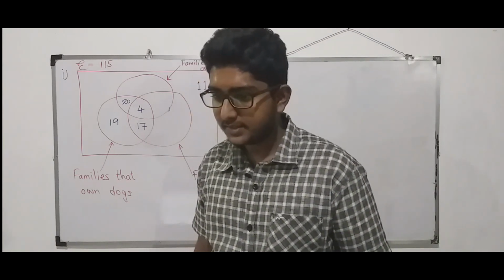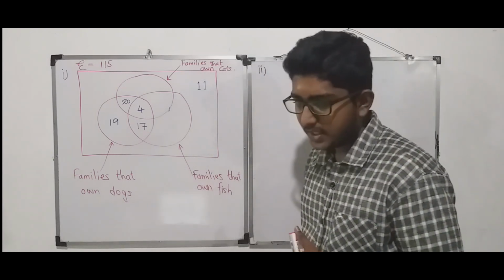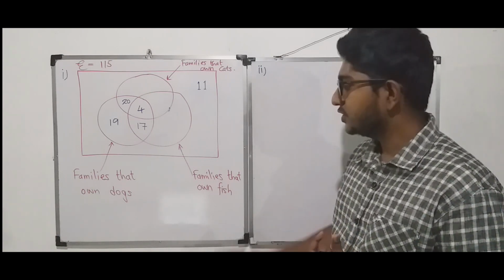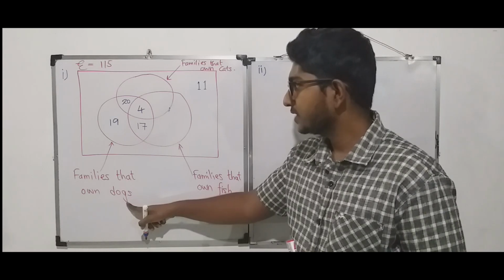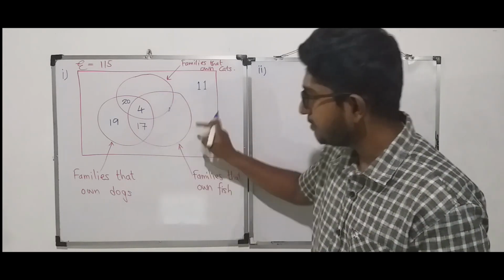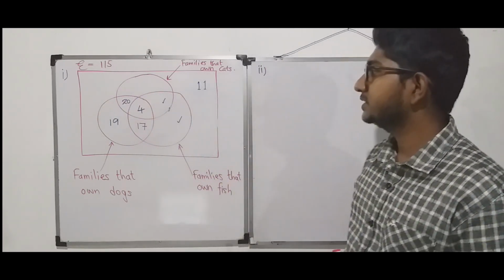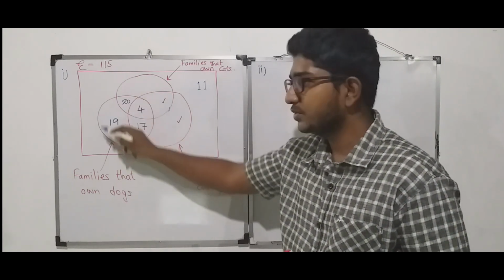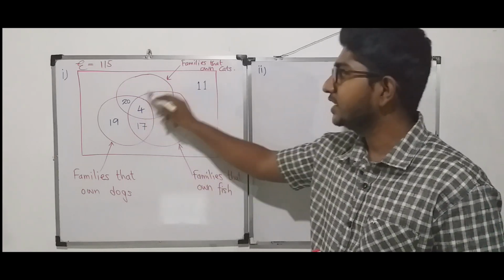In that question they ask: find the number of families that own fish but do not own dogs. So families must be included in this circle but not this circle. That means these 2 regions. This value 60 is twice what we have to put here.